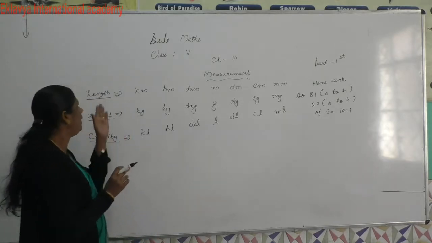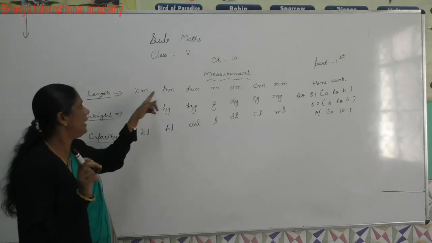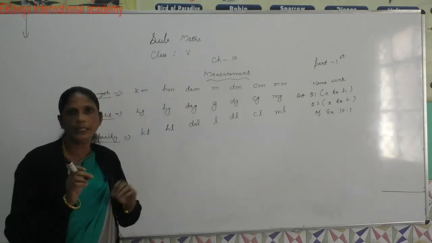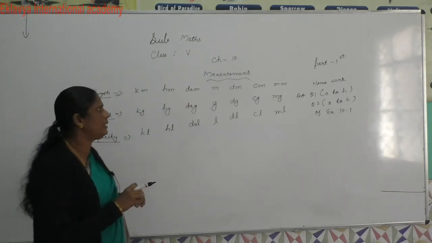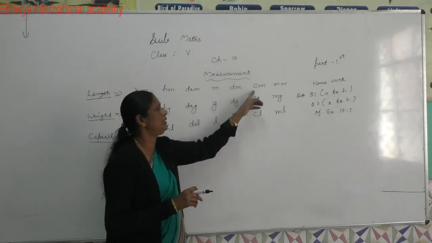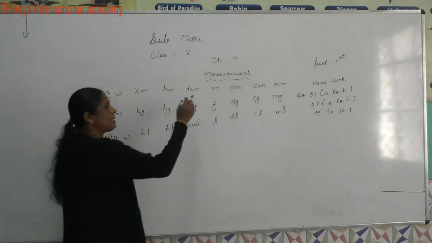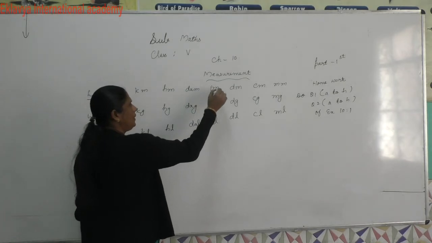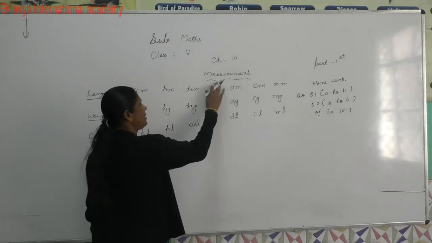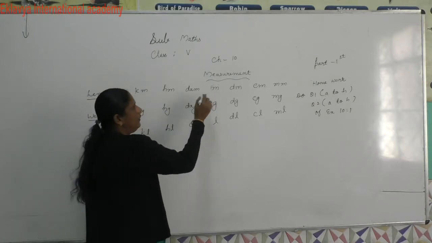First we study length. km means kilometer, hm means hectometer, dam means decameter, then meter, decimeter, centimeter, millimeter. The basic unit of length is the meter.